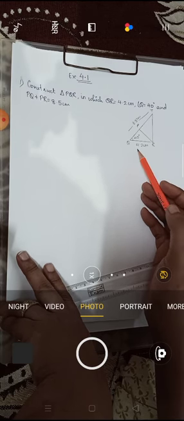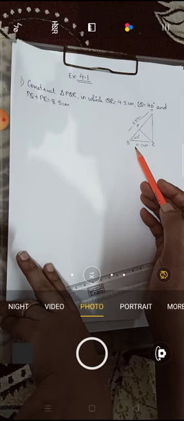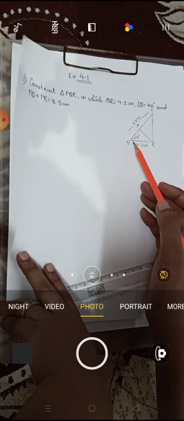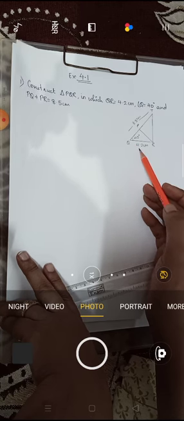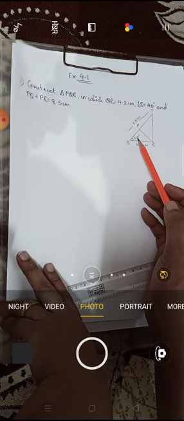Before doing construction, you have to draw a rough diagram, and if you don't draw a rough diagram, you will lose your marks. So first you have to draw a rough diagram. QR is given 4.2 centimeter and angle Q is 40 degree.